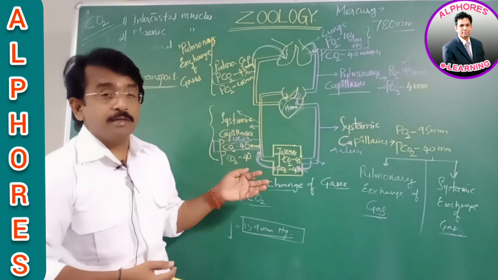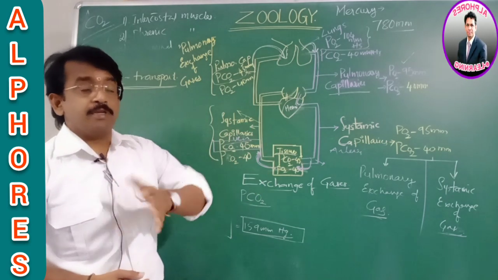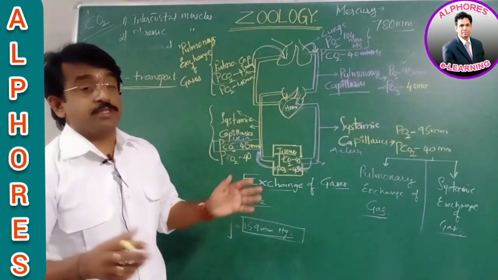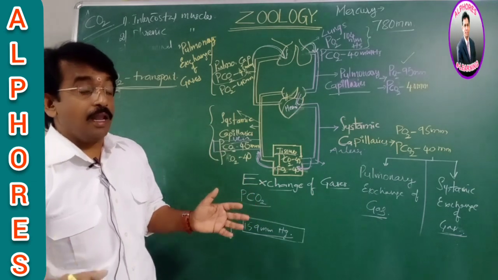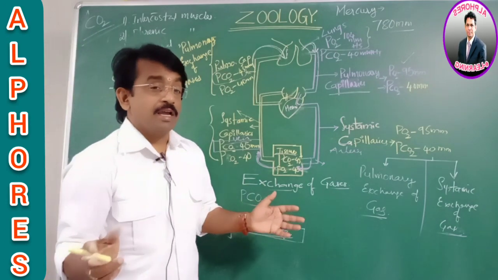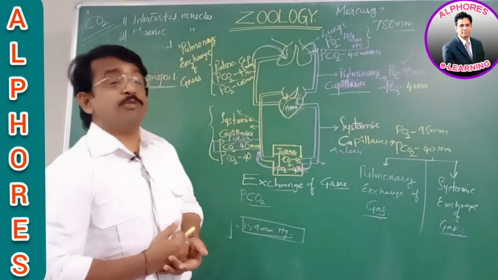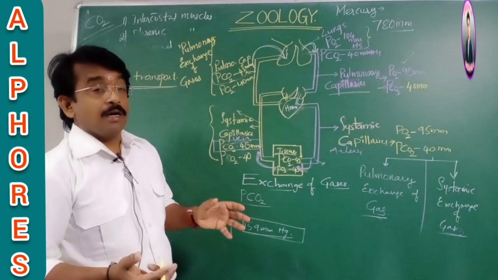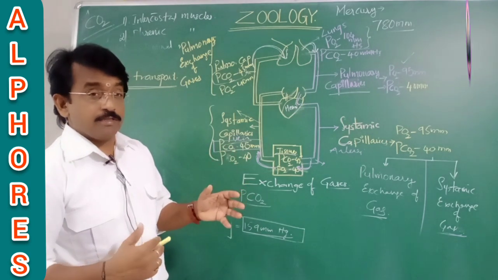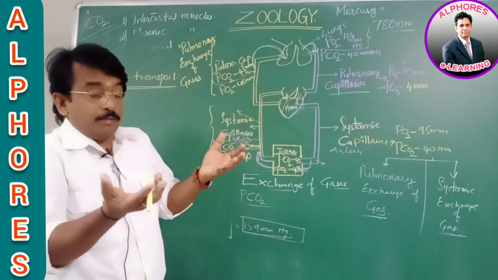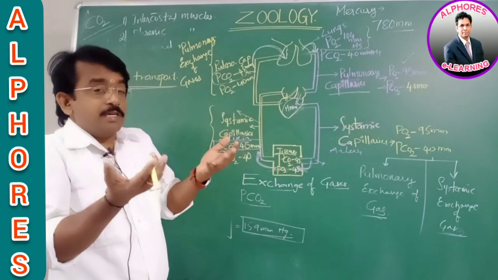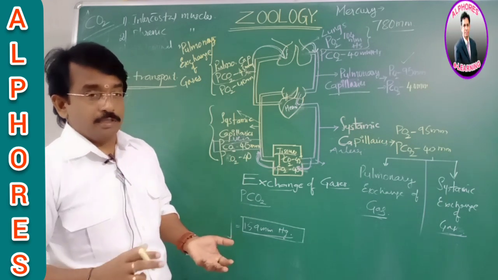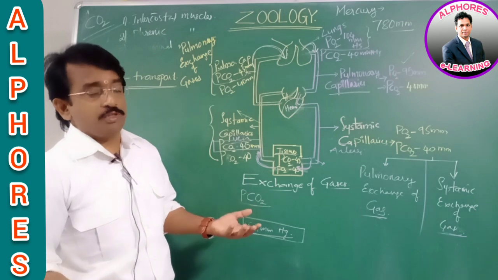Then we discussed the mechanism, inspiration and expiration, the change in the thoracic volume and the lungs that causes the exchange of gases. Then we discussed the volumes and capacities, that is how the air is inhaled, held and expelled is a volume, and two or more volumes is a capacity.